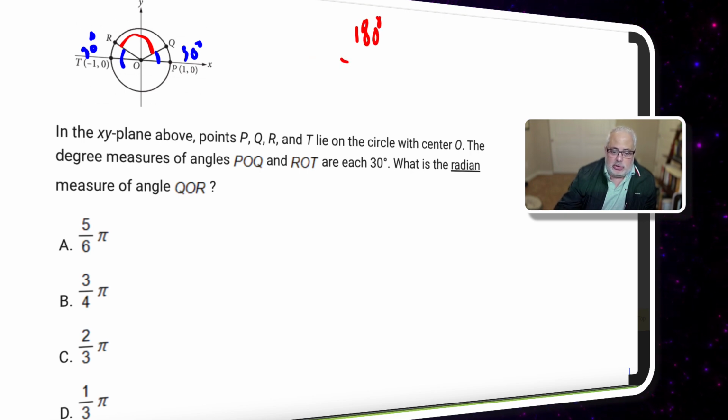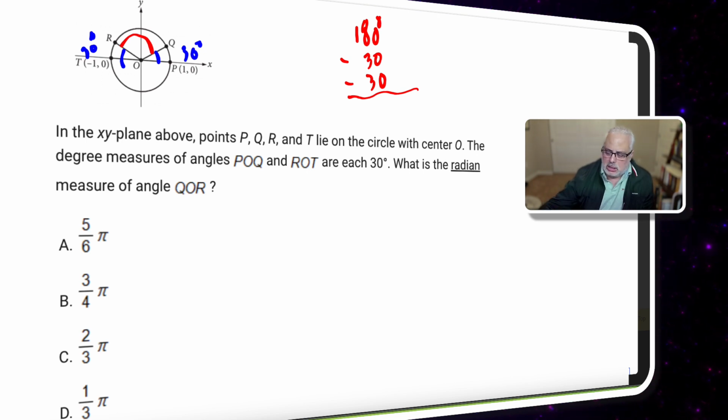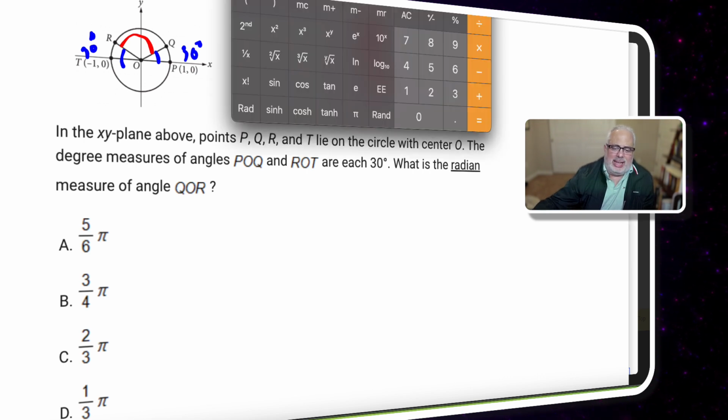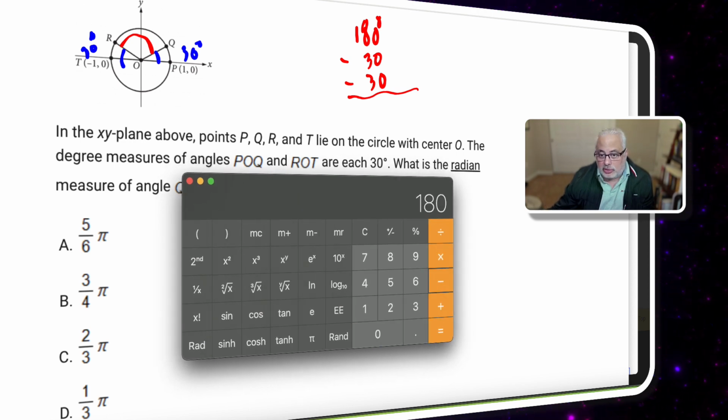And we subtract from there 30, and we subtract from there 30. And that will generate our angle QOR, but in degrees. So we use a calculator right here, very easy. I'm going to subtract 180 minus 30, which is minus 60. And the angle is 120.